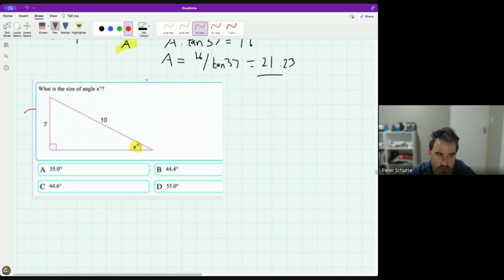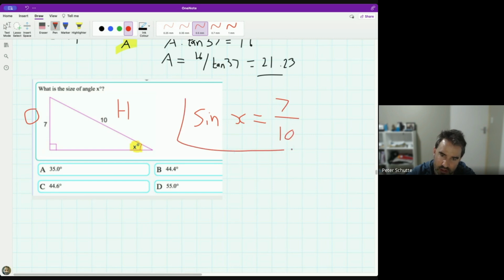So the 7 is going to be the O, and the 10 is the H, because it's opposite the hypotenuse. Then what we're going to do is we write the sine of the reference angle is equal to O, which was 7, over H. And this is a trig equation.